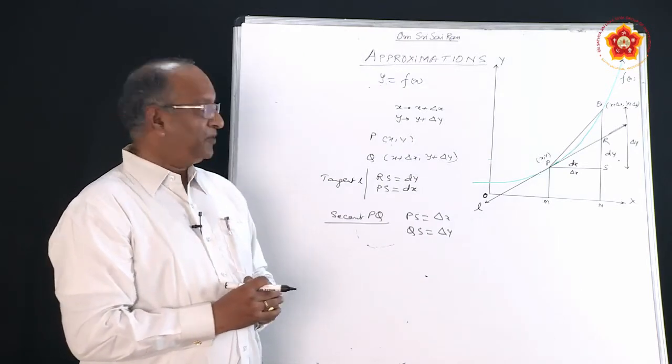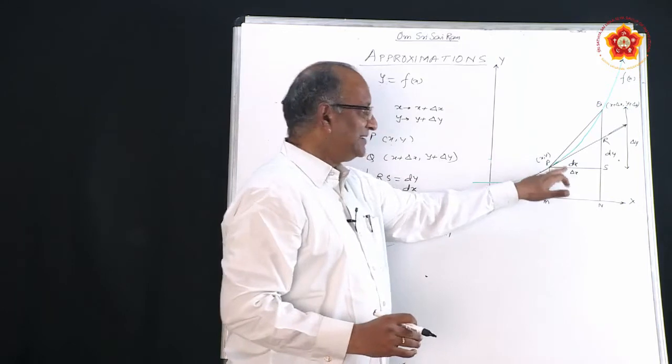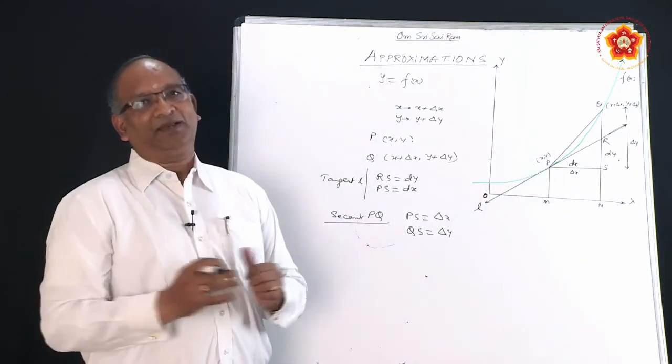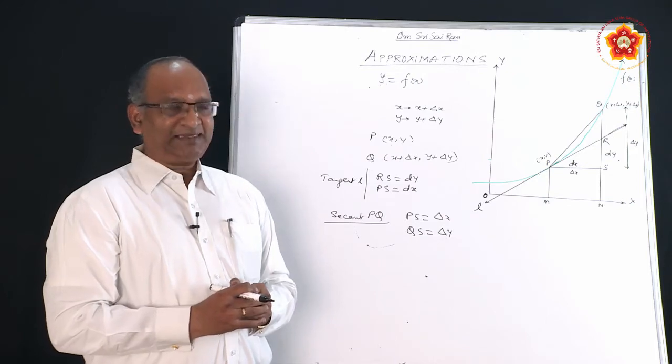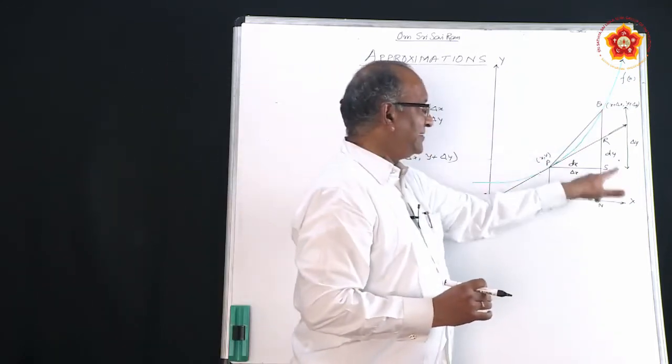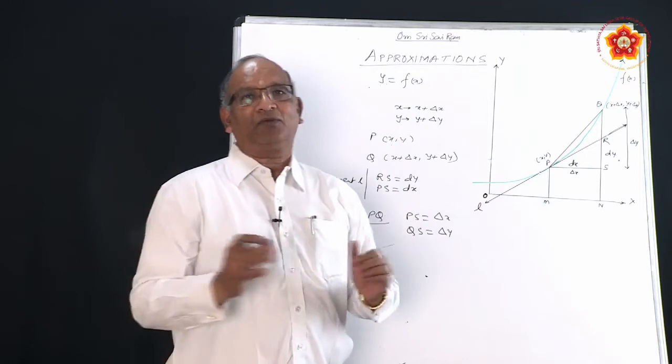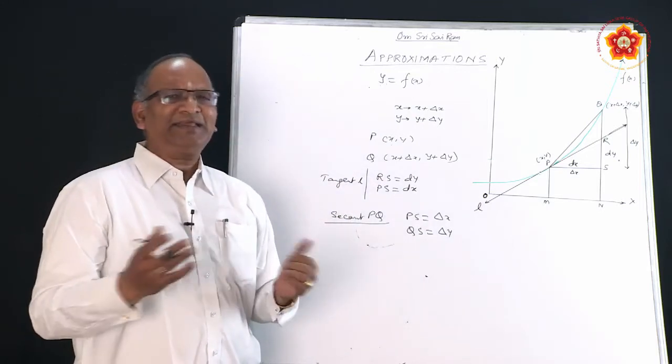Carefully observe: delta x and dx are equal, whereas delta y and dy are not equal. But what are they actually?